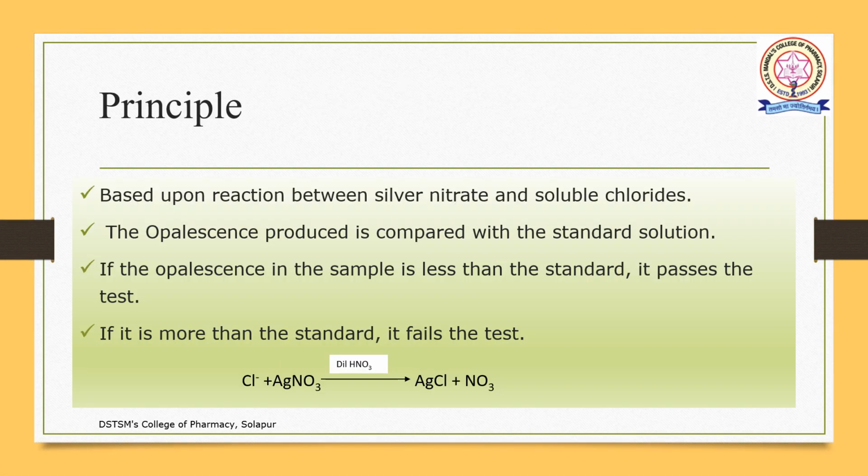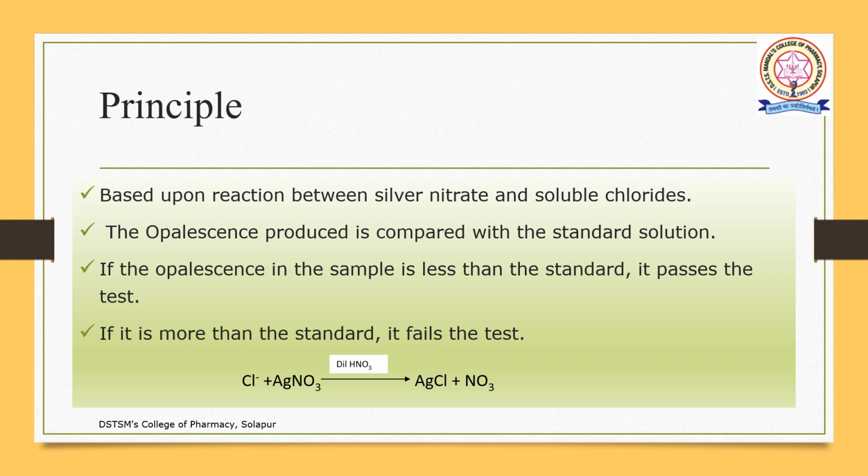The limit test for chloride is based upon the reaction between silver nitrate and soluble chlorides. The opalescence will be produced due to the formation of AgCl, which is a precipitate that gets uniformly distributed and produces the opalescence instead of the precipitate settling down at the bottom.